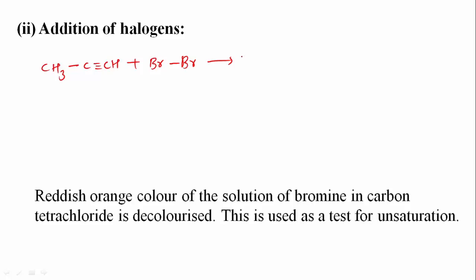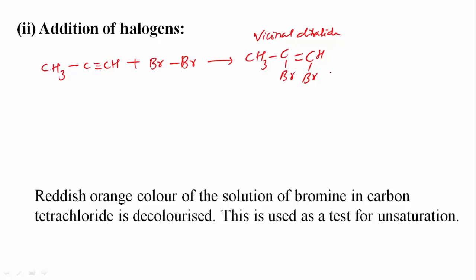So therefore what happens? CH3 CBr double bond CHBr. The addition of bromine will take place at adjacent carbon atoms. It is said to be vicinal dihalide. Vicinal dihalide will be formed.